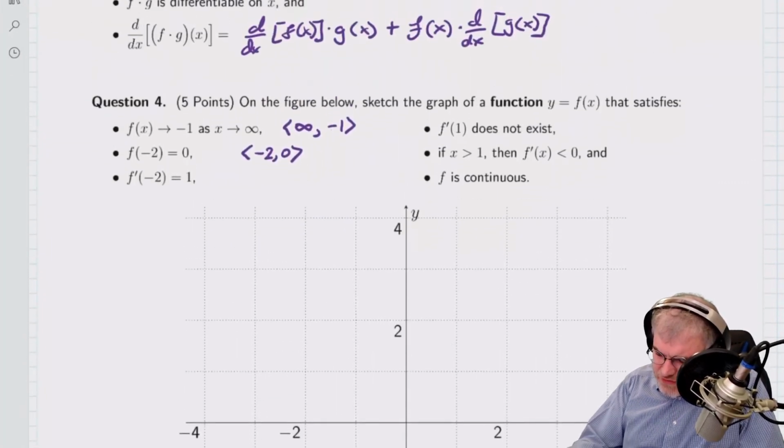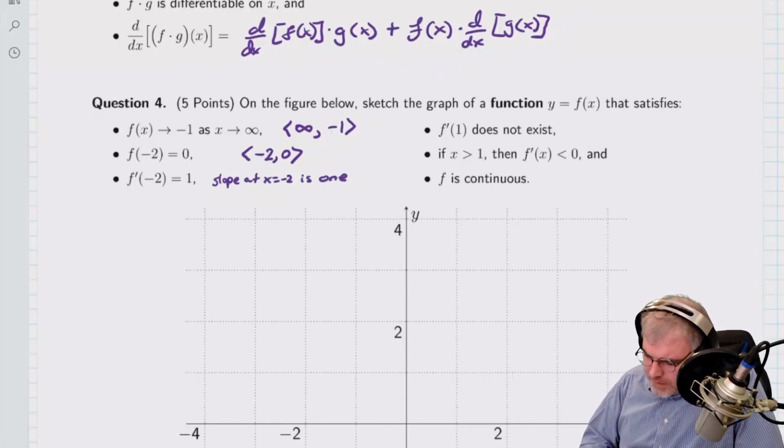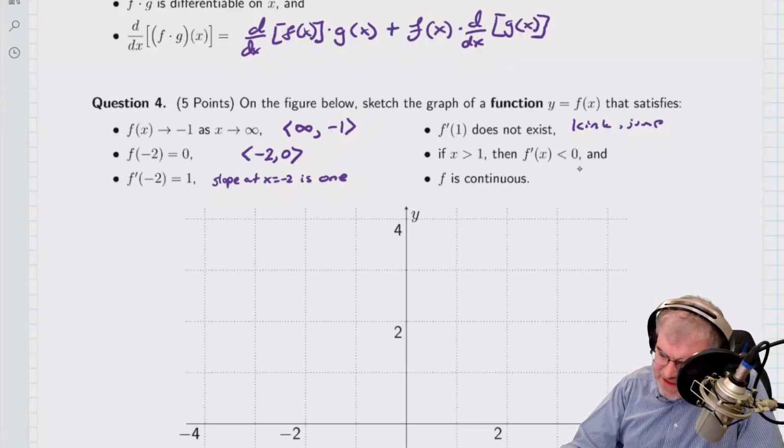Right, that says that the slope at -2... okay, so kink, jump or something. If x is greater than 1, then f prime of x is less than 0. What does this condition say? This says that the slopes are negative, or that the function is decreasing.